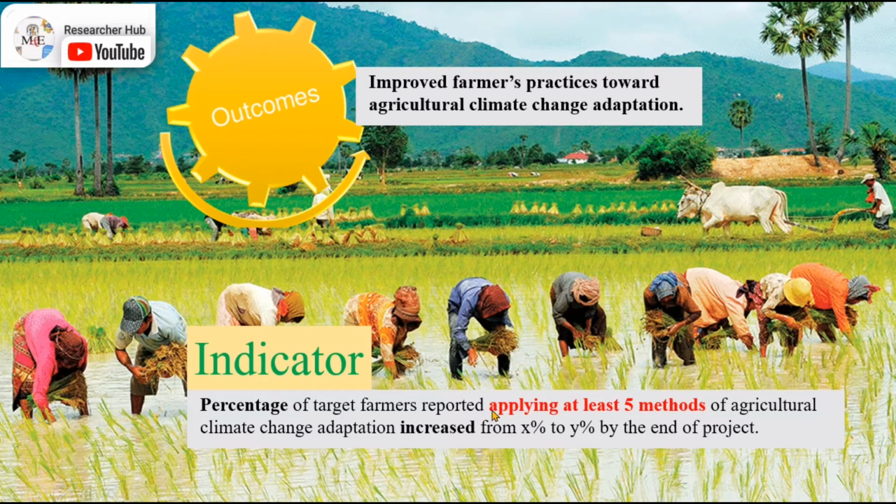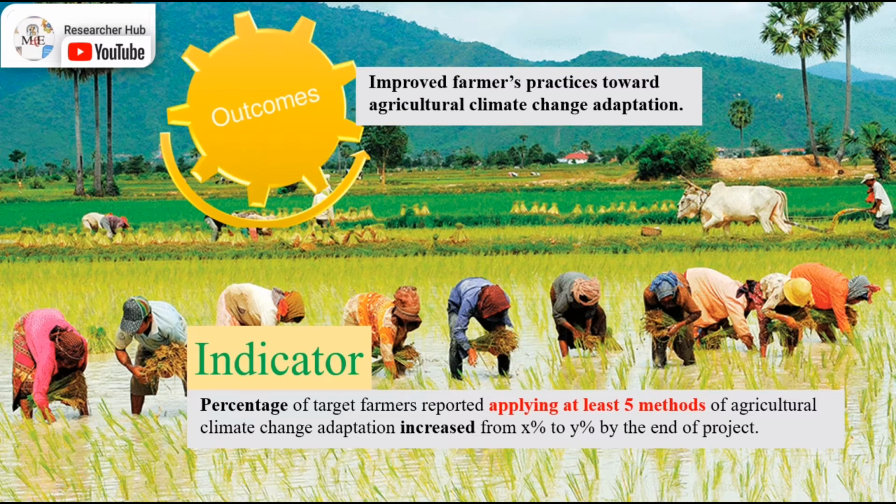More importantly, in the qualitative indicators, you can see it here: applying at least five methods. So at least 5 methods here is the qualitative information.